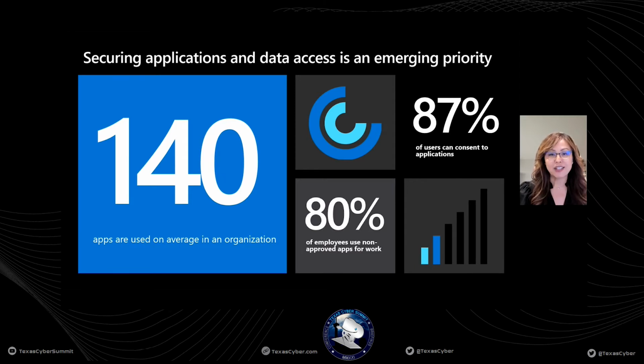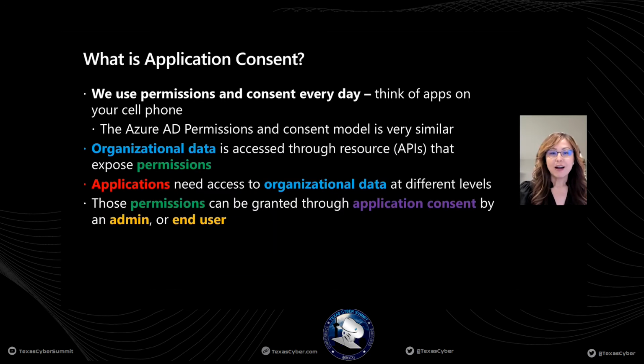What is application consent? You're probably familiar with this. With your mobile phone, you can add an application from the App Store. When you add the application, it starts asking for a bunch of permissions that it wants. It may want to access your camera because it's going to take your picture.